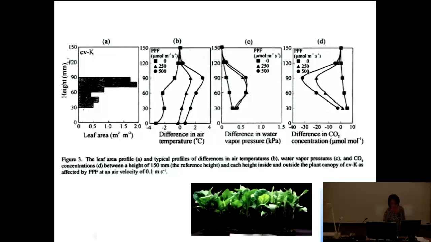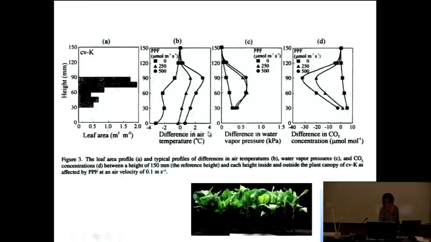The youngest leaf is at 9 centimeters. And leaf area is expressed as a leaf area index, basically per growing area, so per square meter. So that is the leaf coverage at that height.